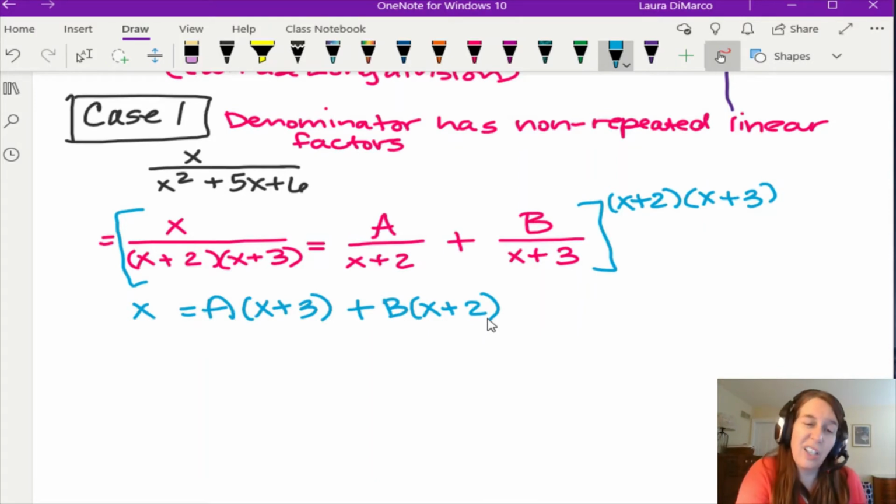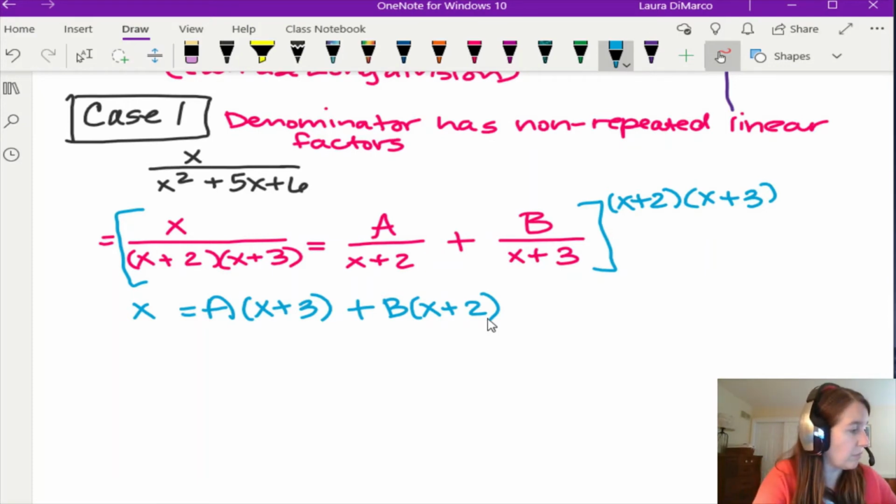There are 2 really good ways for us to solve this. We'll do one of them now, and then I'll show you the other way in other example problems, and you can decide which way you like better. First, for this method, which is creating a system, we're going to simplify.